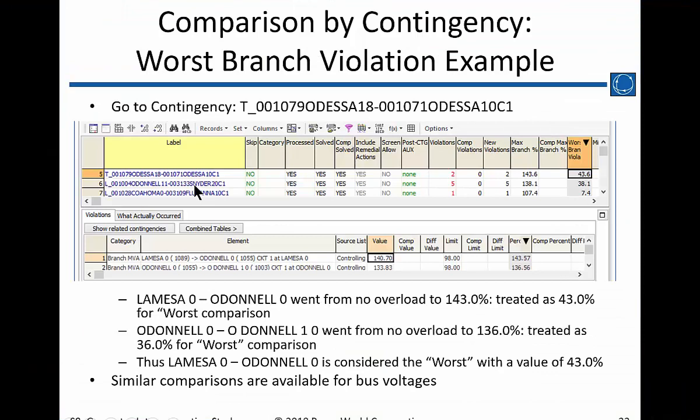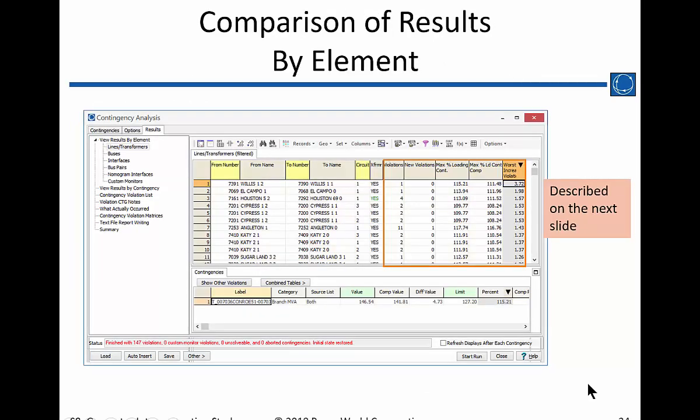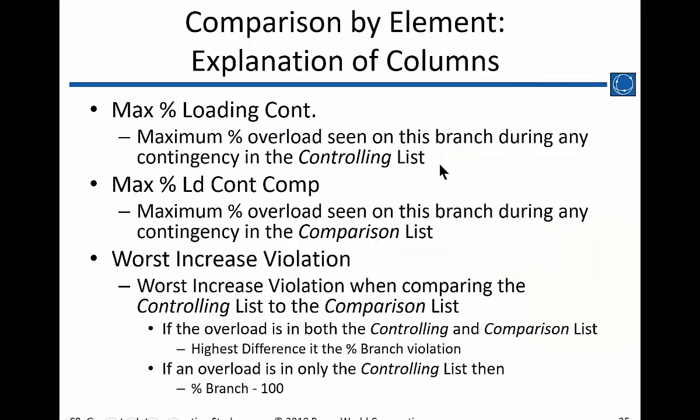Here's an example where we have a couple of overloads that were not present in the base case. So it's just the new case or the controlling case values minus 100% to get the worst. We look at it by element and we get similar values reported by element and similar methodology for determining the worst percentage.